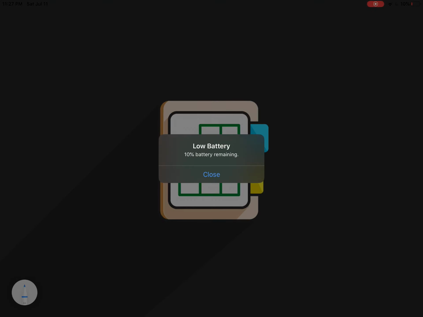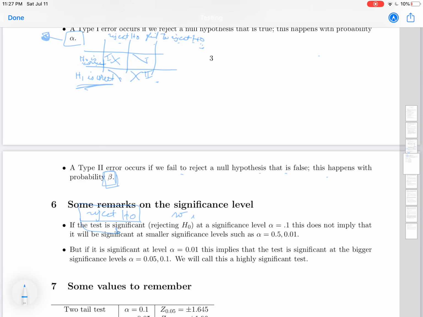If you reject H0, we call the test a significant test. So when you are rejecting H0, you say that the test is significant. What do we mean by a significant test? What you see from the sample is true.